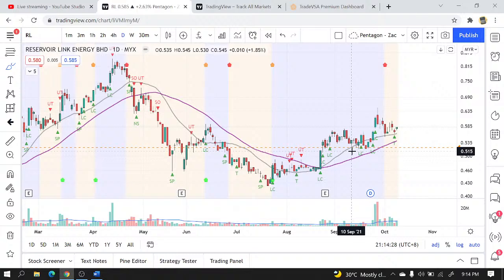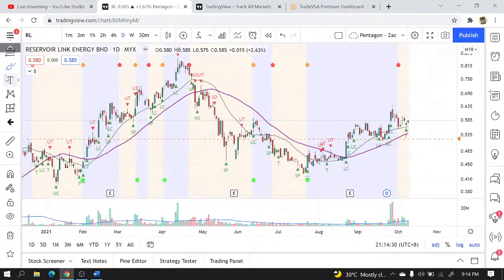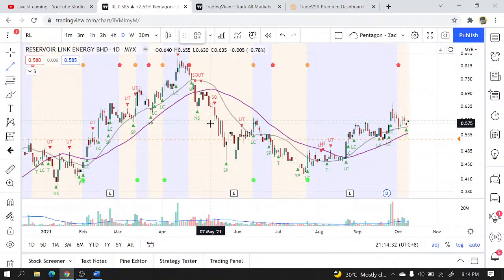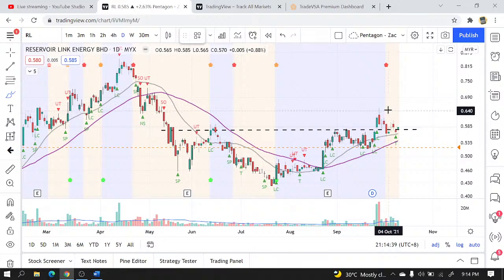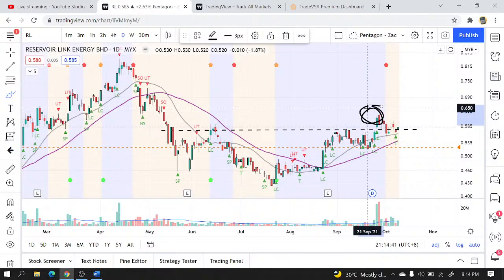The other one is RL. Again, you just compare these two charts side by side. It's not that similar, but this bar has a kind of similar condition to what was happening to SS Chan.